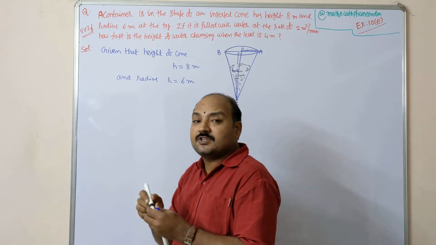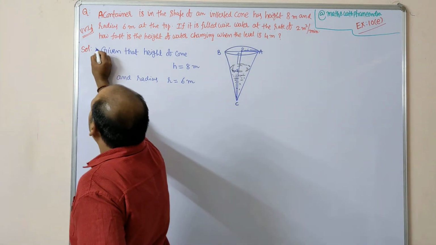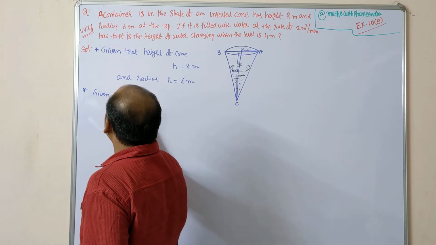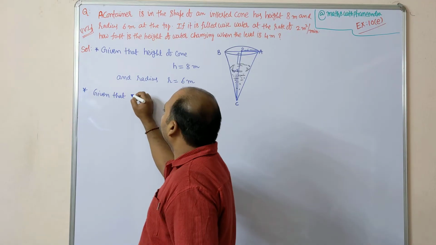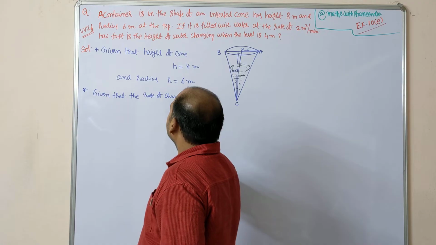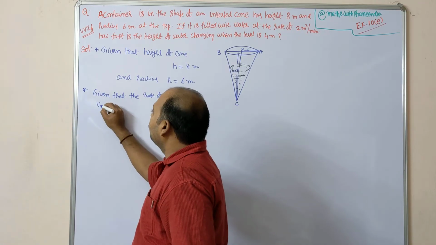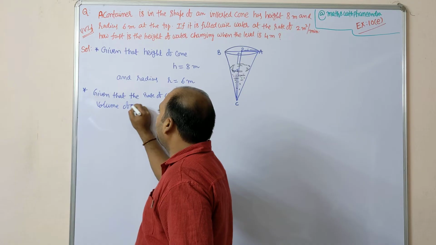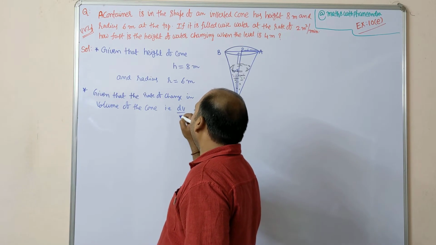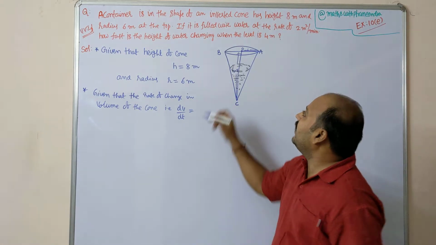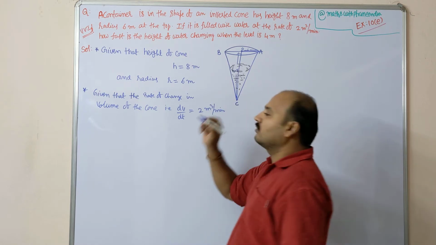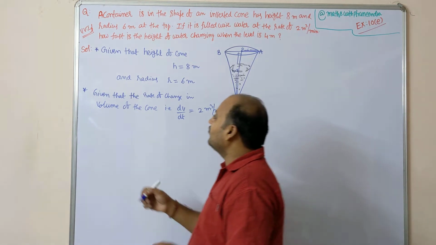So that means the rate of change of volume is given, that the rate of change in volume of the cone, that is dV by dt. So dV by dt, how much it is given? 2 meter cube per minute. What is the volume of the cone?